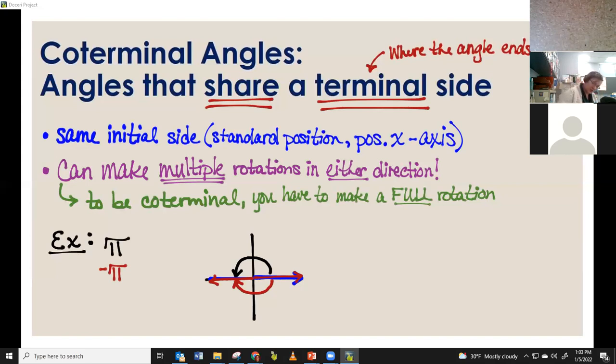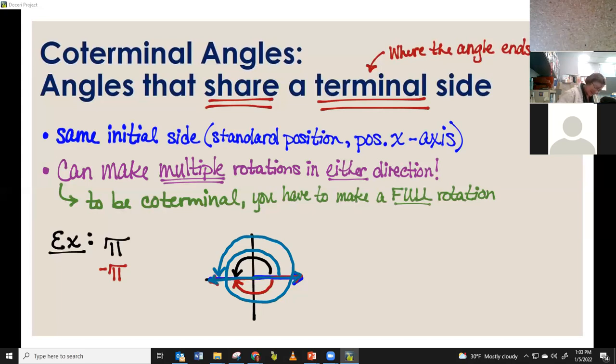What about, I start on my initial side, on the positive x-axis, and I go a full rotation and then back around again to the negative x-axis, and I stop there. So same beginning position, same ending position.